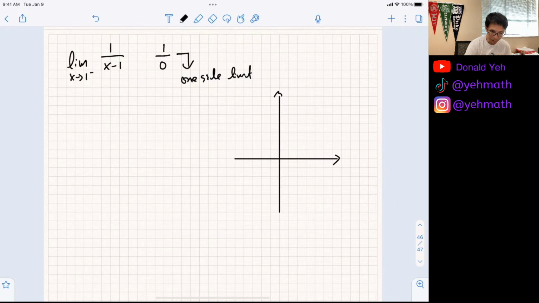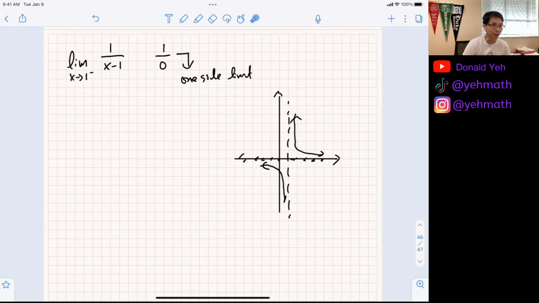It has two curves with two asymptotes. It doesn't actually touch the line, and there's one in the third quadrant. So how do I know what happens from the left? It's going this way, right? And according to the graph, that's going to negative infinity.